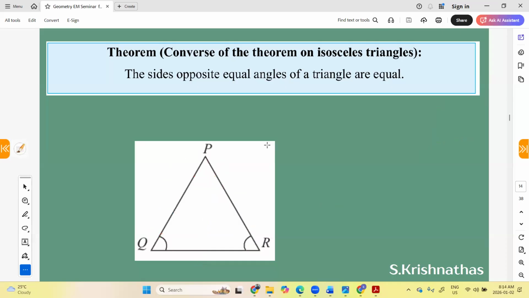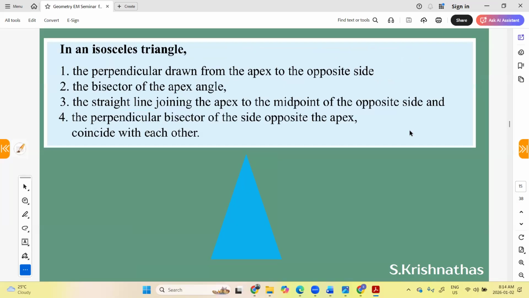Students, now I just revised the theory. After the theory part, we can do the questions, right?